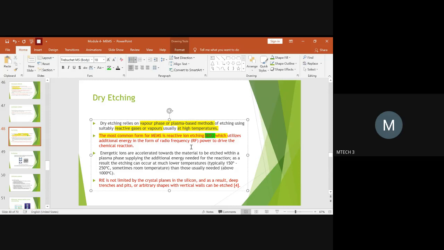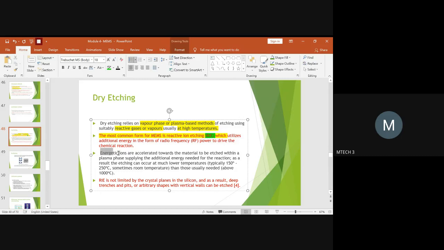When you pass a reactive gas or vapor at very high temperature onto the substrate, it reacts with the ions on the surface of the thin film which has been developed. It removes the excess material, and the retained material acts as our pattern. This is how the material is etched out in dry etching.